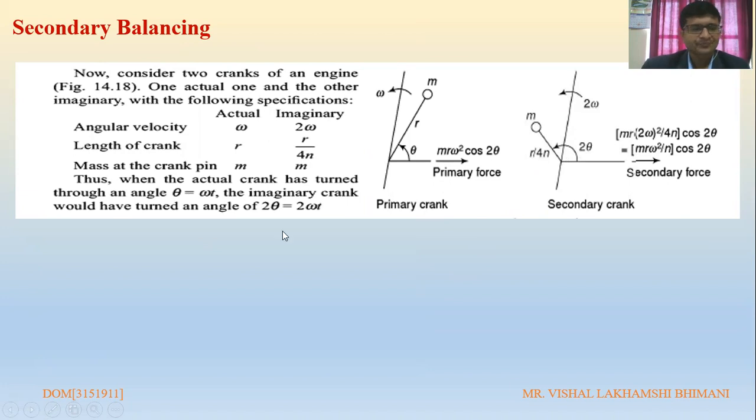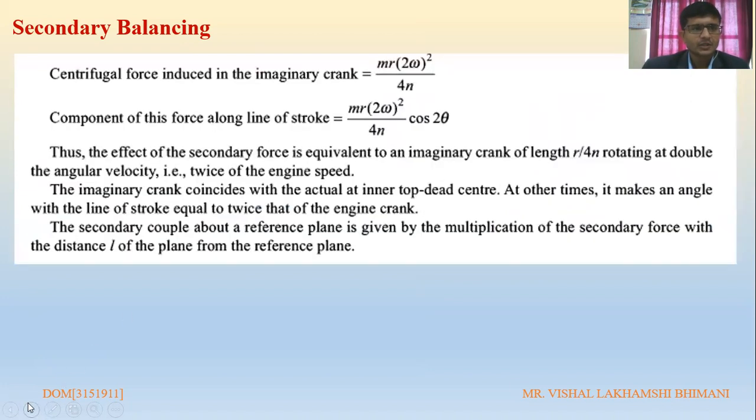The centrifugal force induced in the imaginary crank is m (2 omega) square r by 4n, and the component of this force along the line of stroke is m (2 omega) square r by 4n cos 2 theta. Thus the effect of the secondary force is equivalent to an imaginary crank of length r by 4n rotating at double the angular velocity, twice the engine speed.